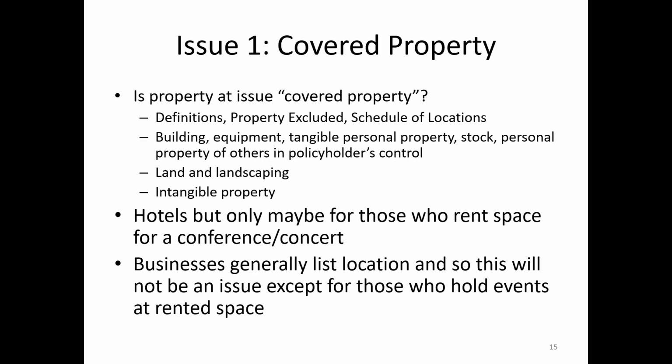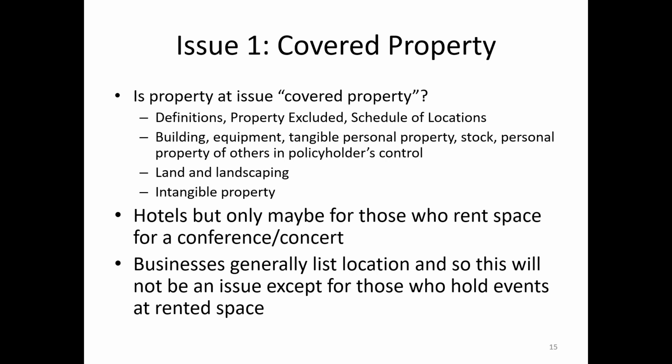So the first issue is you have covered property. The property definition section normally includes what the property is. It has an exclude section as a schedule of locations. It includes generally building, equipment, tangible personal property, stock, personal property of others in the policyholder's control.